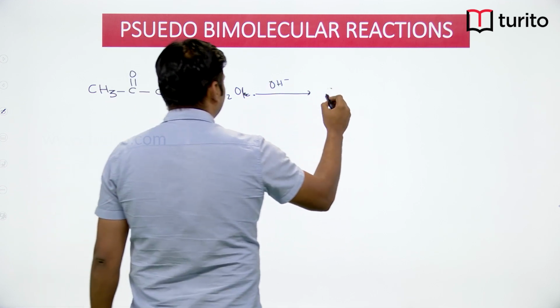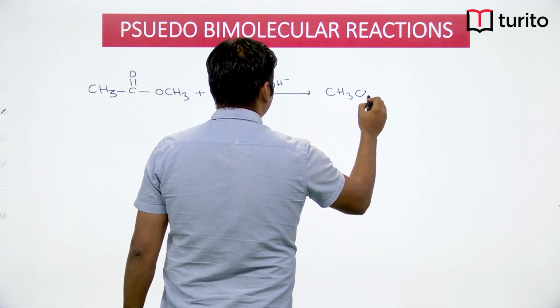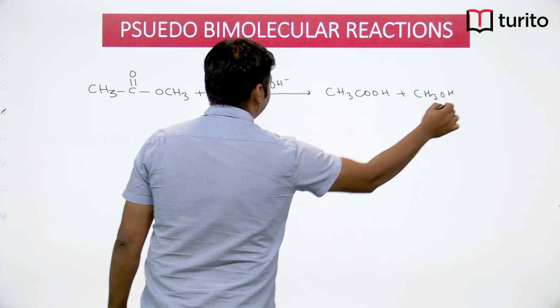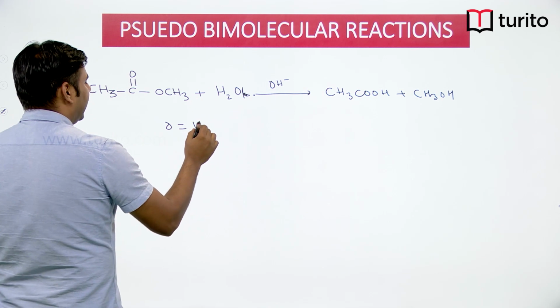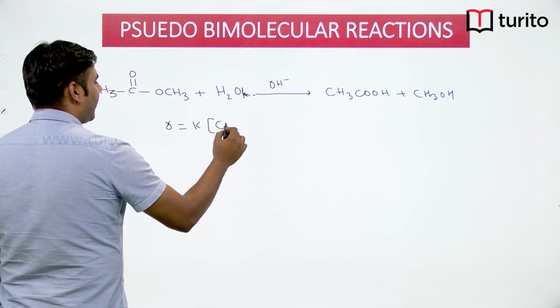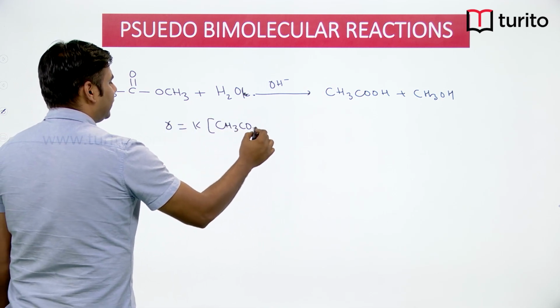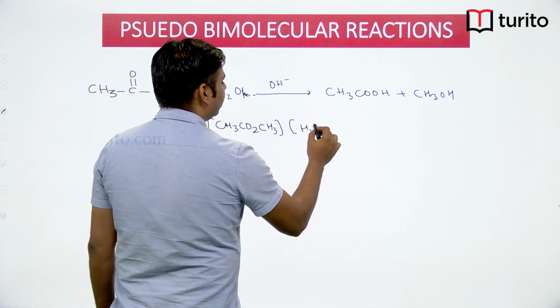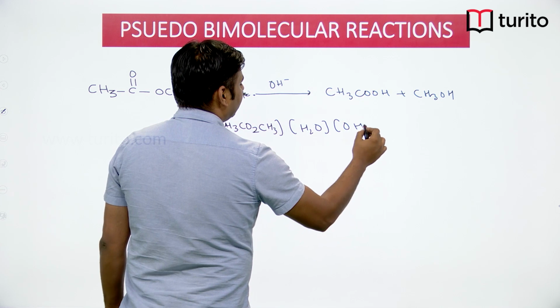This will give us acid plus alcohol. Now this rate is equal to K into concentration of ester into concentration of water into concentration of OH negative, or the base.